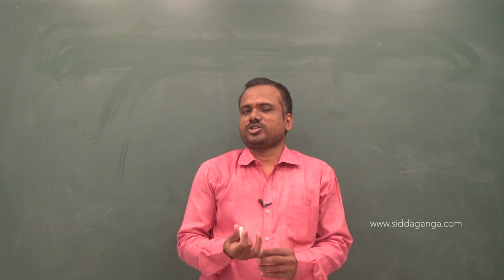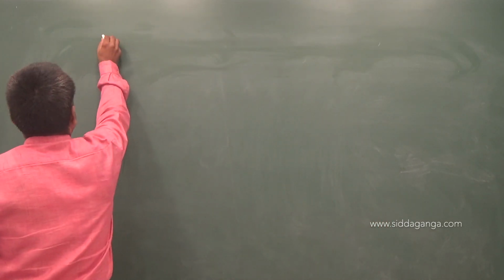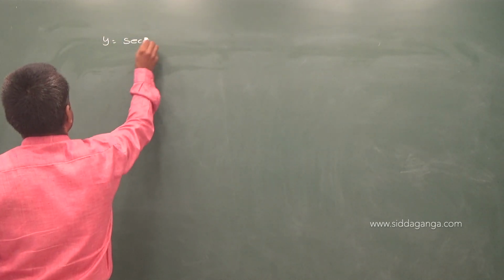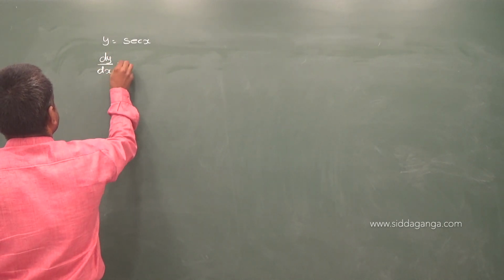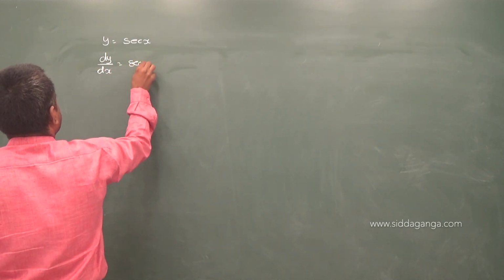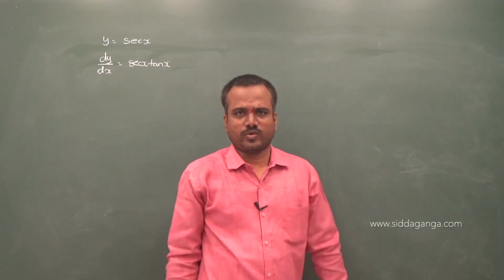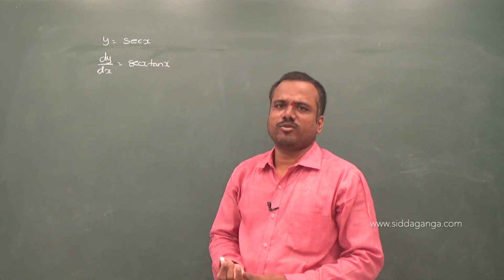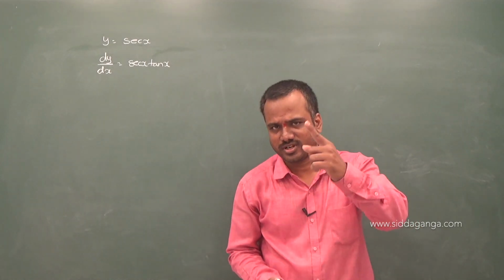See, in this chapter, limits and derivatives, we already discussed y is equal to secant x using first principle: dy by dx is secant x into tan x.